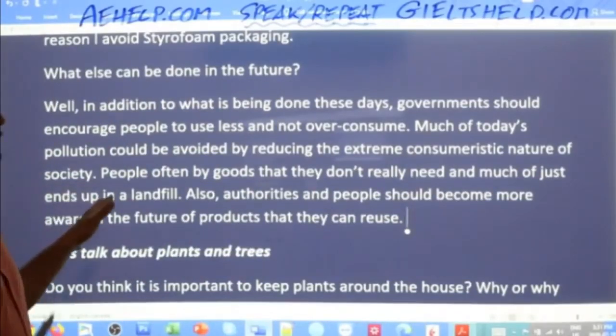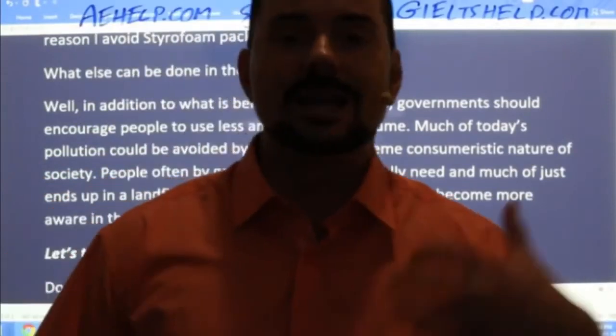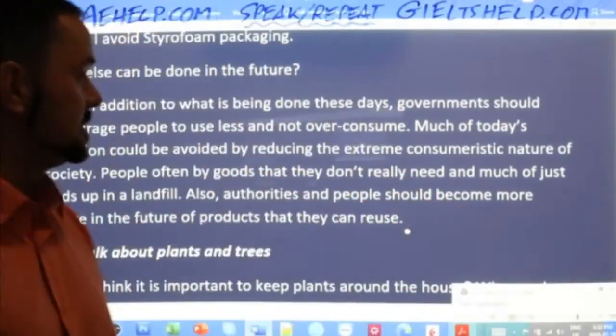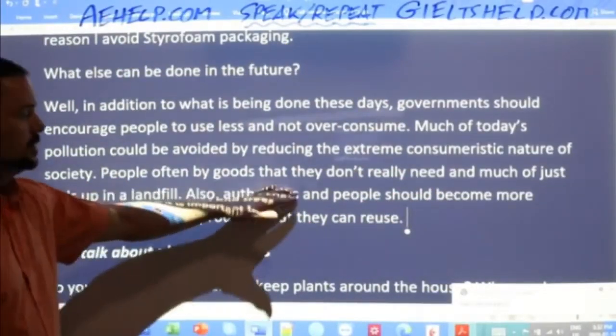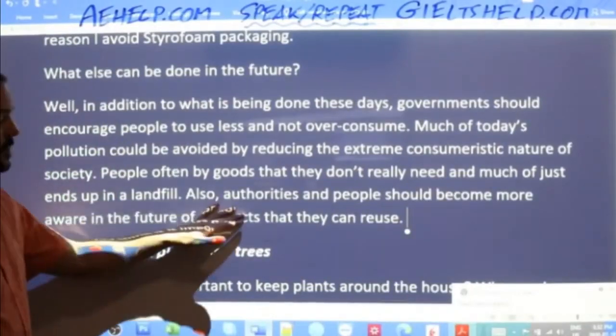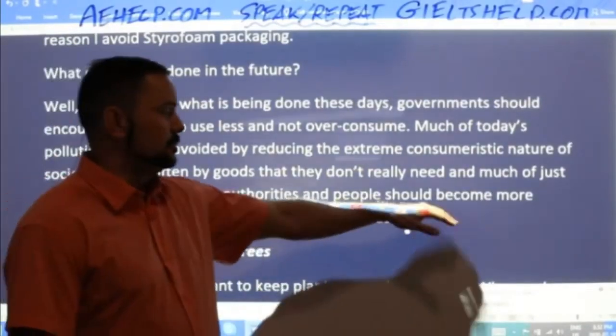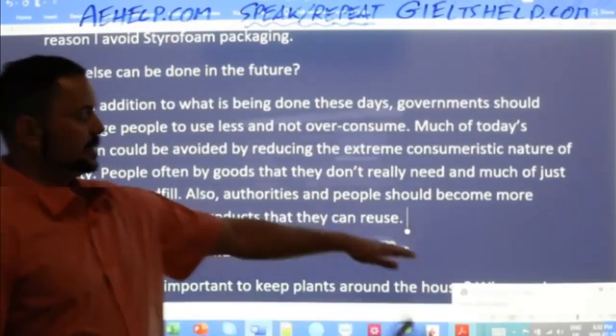I bet a lot of us would agree that today shopping is really getting out of hand. We're just buying needlessly in many cases, wasting our time, money, and polluting the earth. People often buy goods that they don't really need, and much of it just ends up in landfills. Also, authorities and people should become more aware in the future of products that they can reuse.